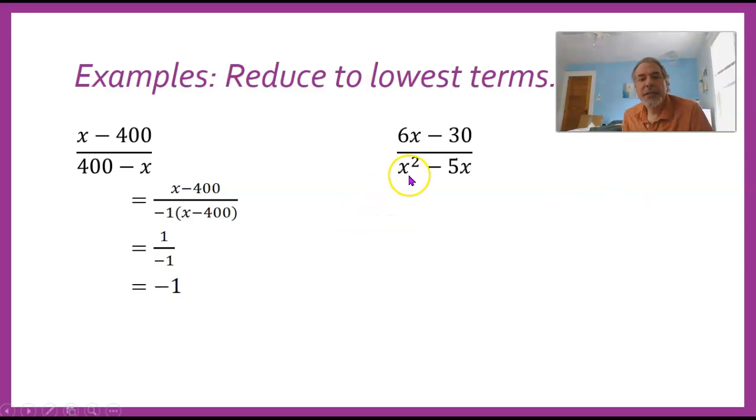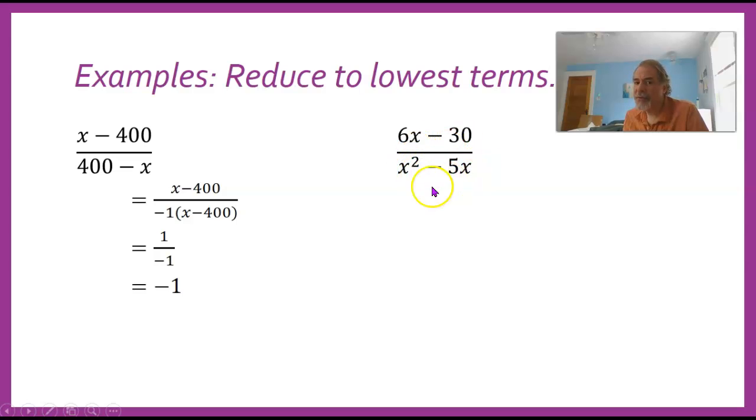Okay, how about this one? 6x minus 30 over x squared minus 5x. So my strategy here is first factor the numerator and the denominator. So the numerator, do you see a common factor here I can pull out? Well, the greatest common factor on top would be 6. And what about the bottom?